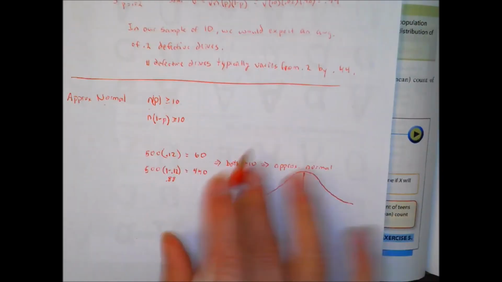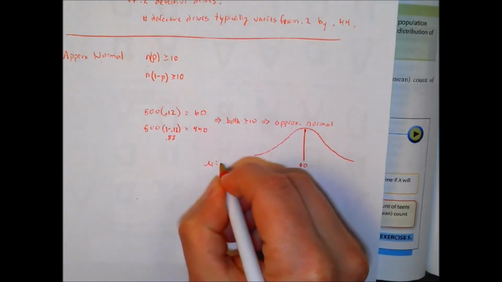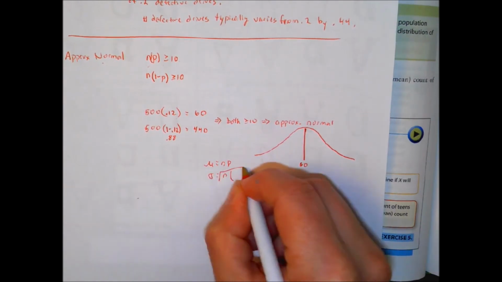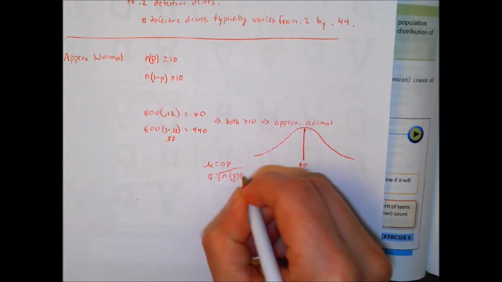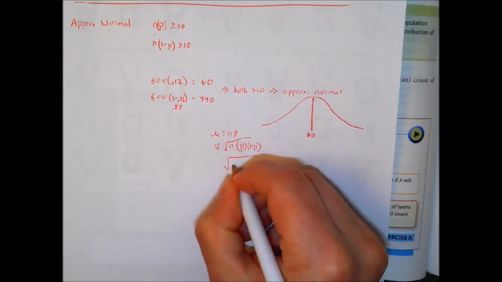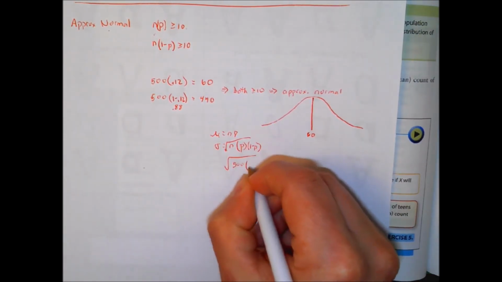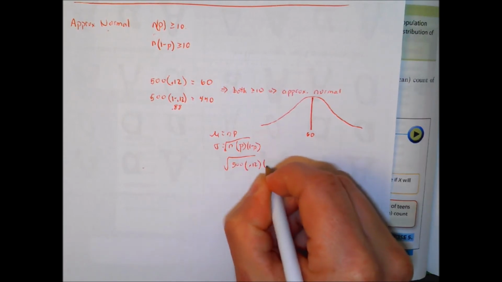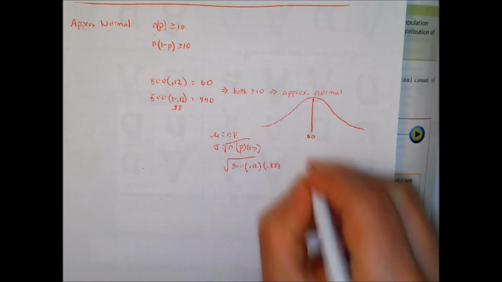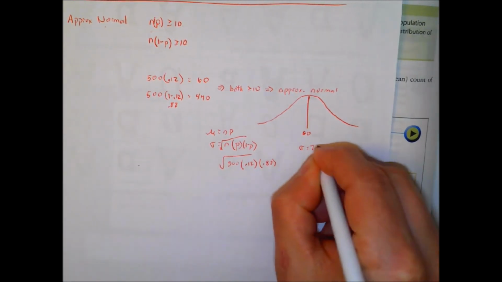And our standard deviation would be this, right? So if I take 500 people, probability of 12, and 1 minus 0.12 is 0.88, right? So if I figure that out, I would have a standard deviation of 7.27, okay?